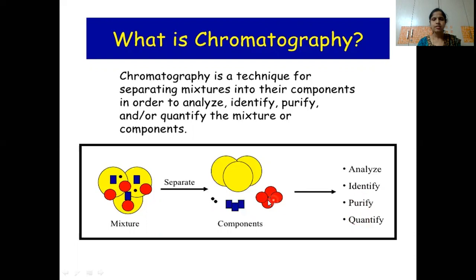In this, you can see the yellow component, which is larger in size, and the other components which are smaller than the yellow component. Now we can also identify the amount or the concentration of the components present in this mixture. So chromatography is mainly used to analyze, identify, purify, and quantify the components.